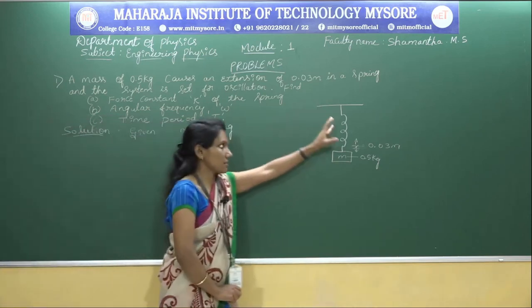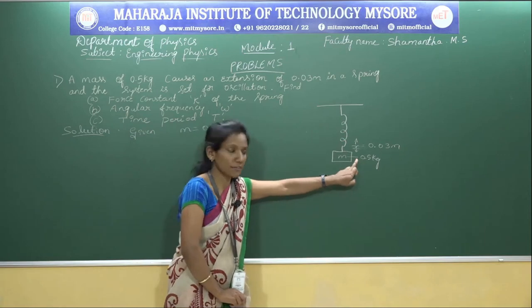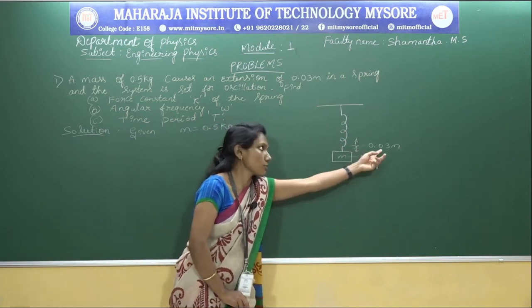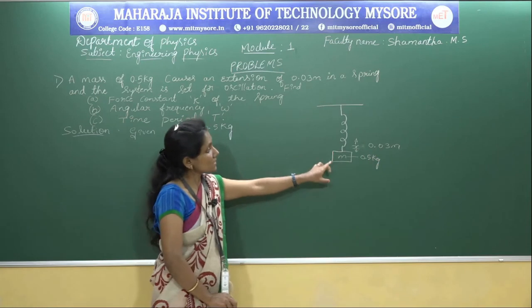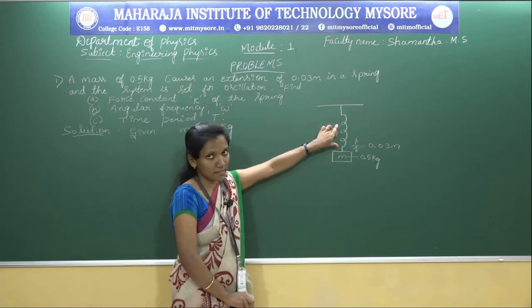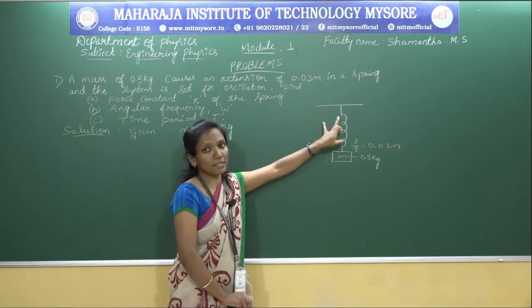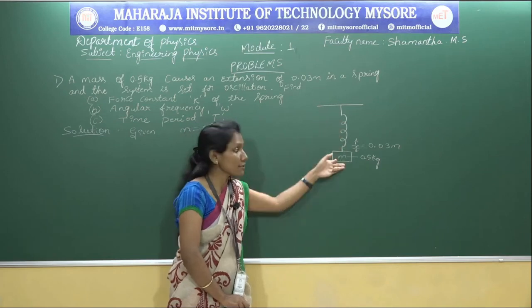So when this spring is attached to the 0.5 kg mass and the extension is 0.03 meter, we have to calculate the spring constant of the spring, the time period, and the angular frequency.